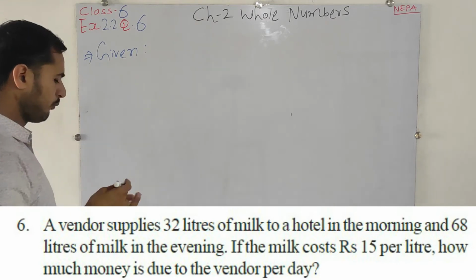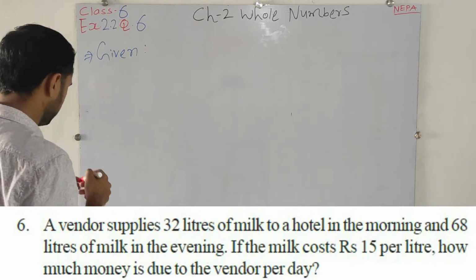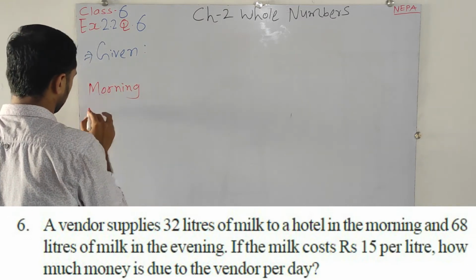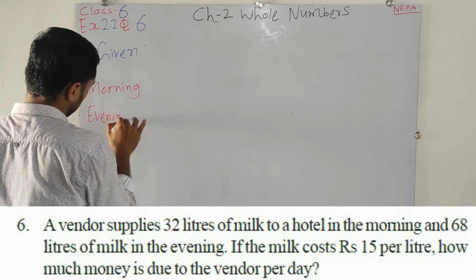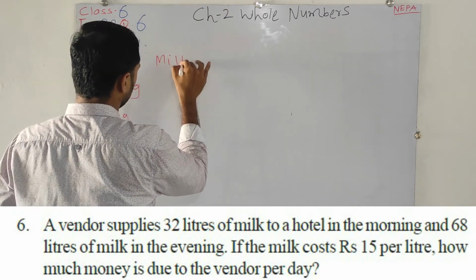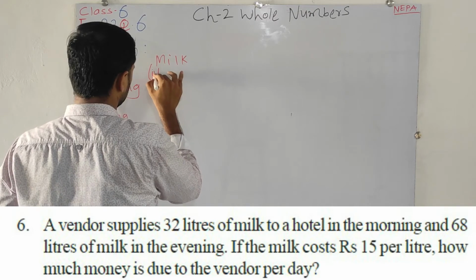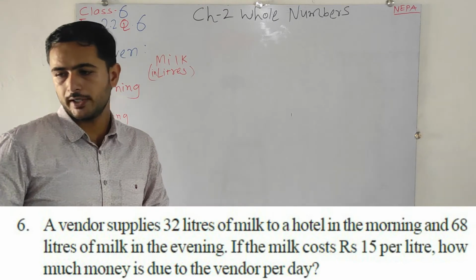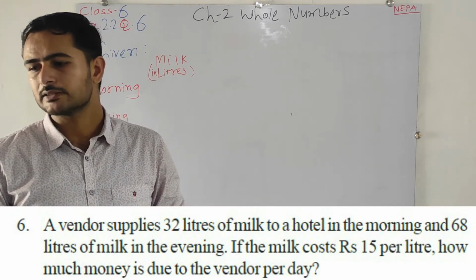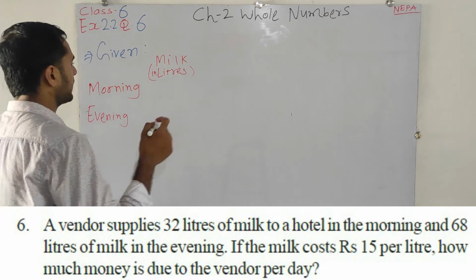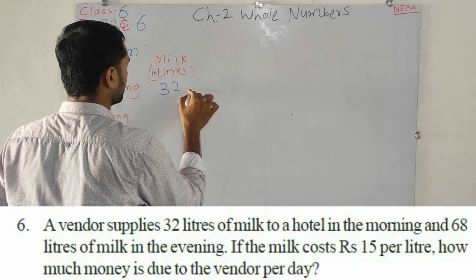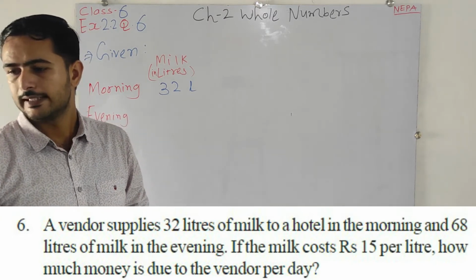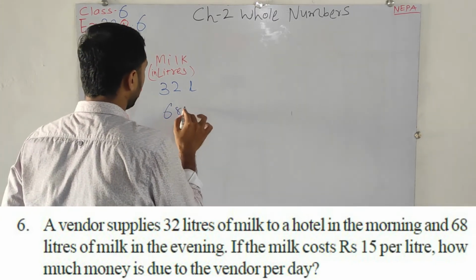Given that there are two timings, morning and evening, and milk in liters. In the morning the vendor supplies 32 liters, and in the evening the vendor supplies 68 liters.